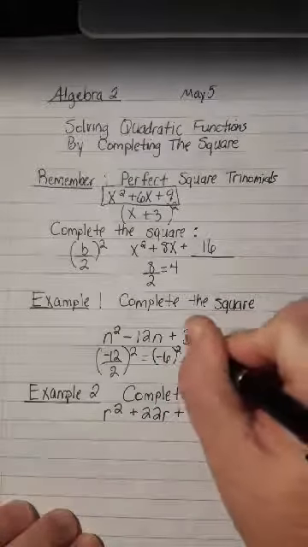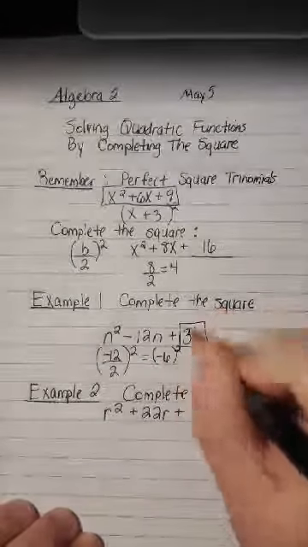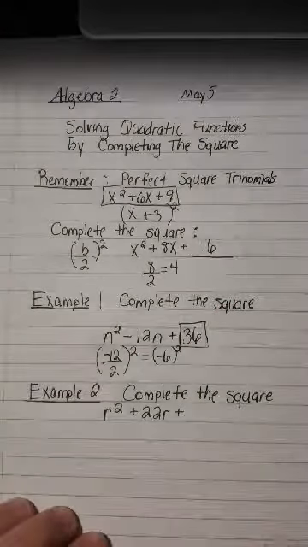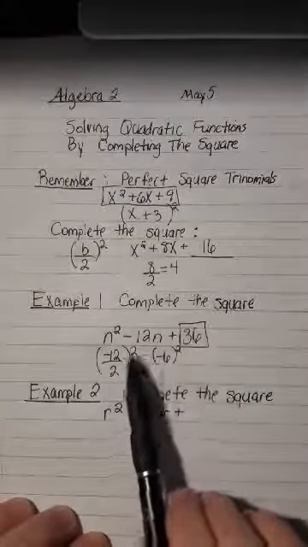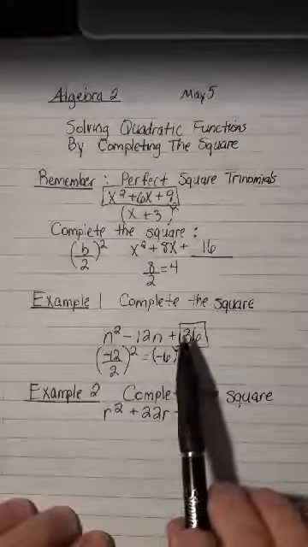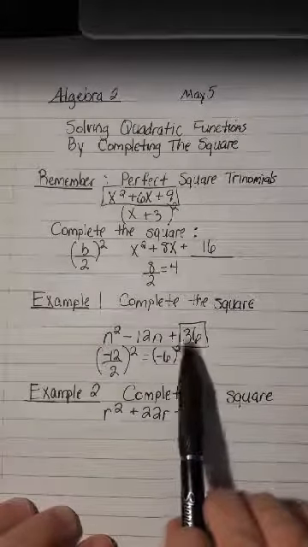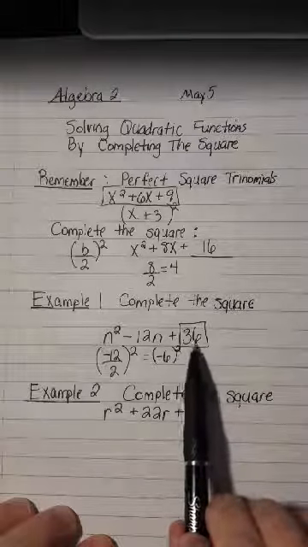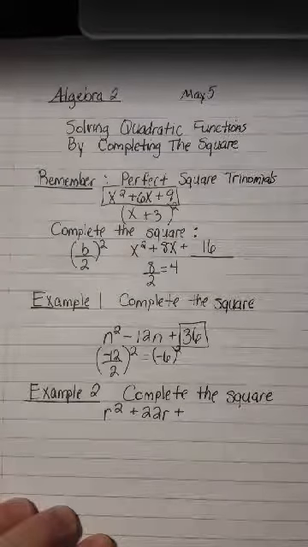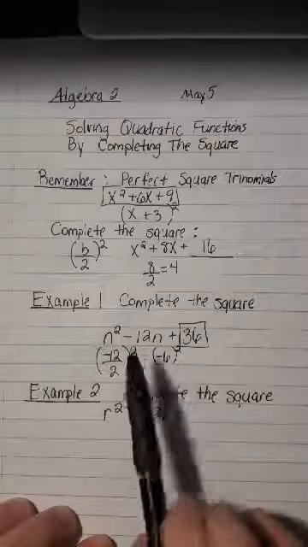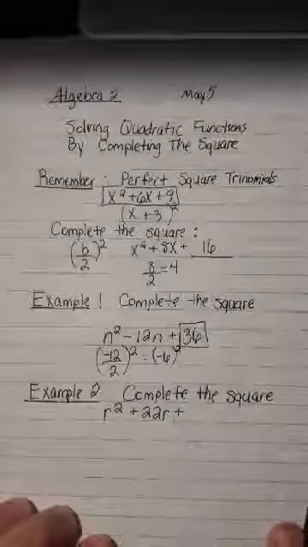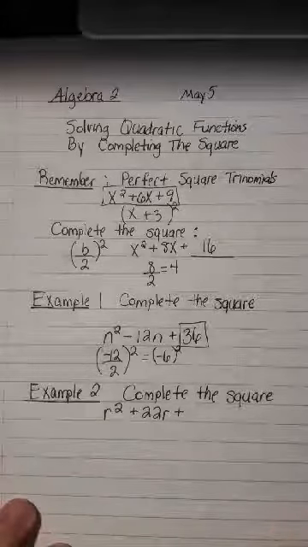So your answer is positive 36. And they're all going to be positive, because when you square anything, even a negative, it turns out to be positive. So in IXL, they already have the plus sign for you. You've just got to fill in that number in the box. That's all there is to this lesson. You half the middle term, you square that answer, and that's it. So look at example 2.